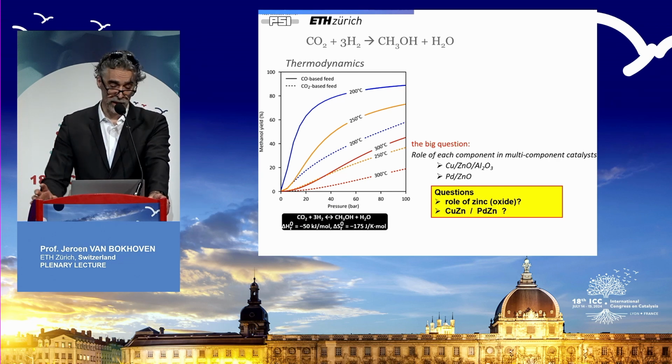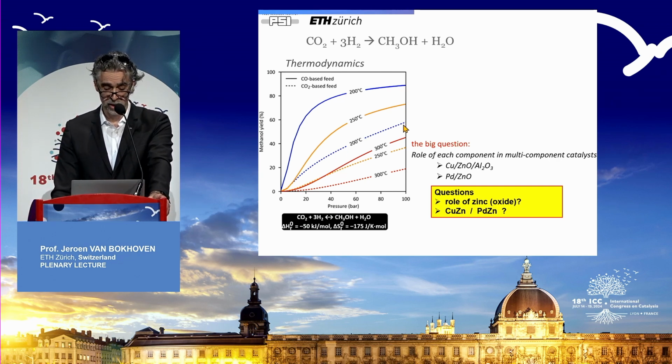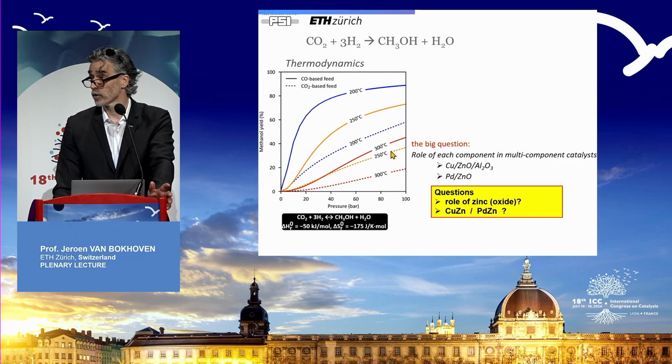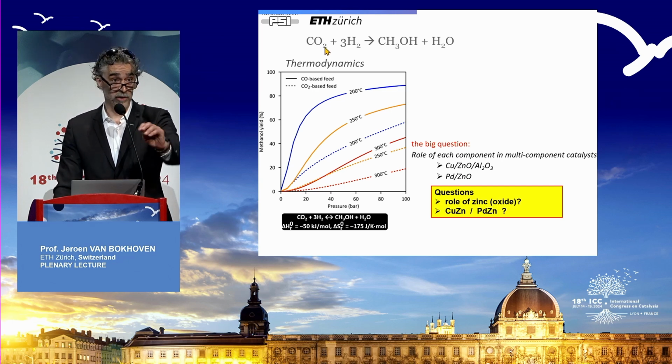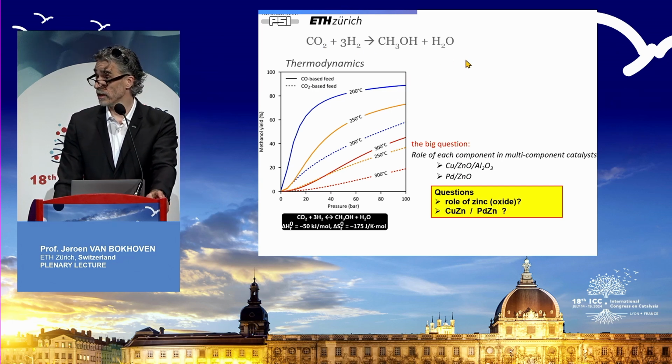It's an exothermal reaction, and the dashed line is the carbon dioxide system, and the solid line is the CO-based system. Because they're both exothermal, they show the same trend. The lower the temperature is, the higher the equilibrium conversion, and because you have more reactant molecules than product molecules, pressure is in favor. But it really shows that if you go to low pressure regimes, you do not make much methanol. And of course, that is why this is a high pressure reaction.